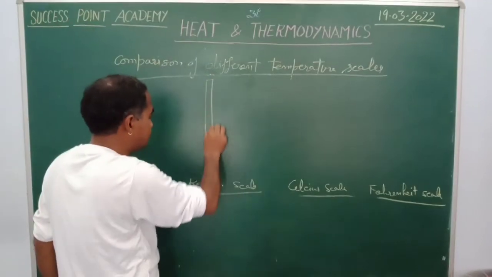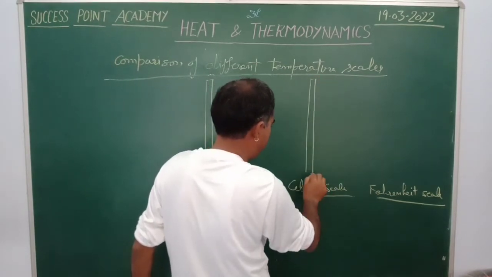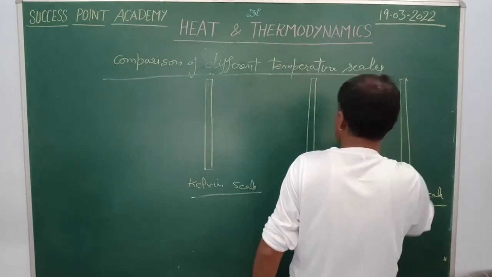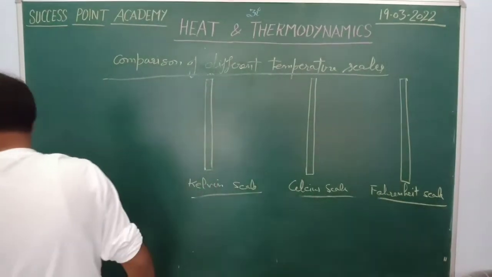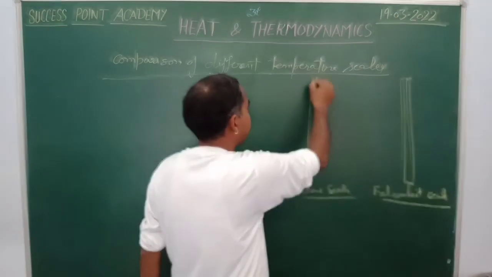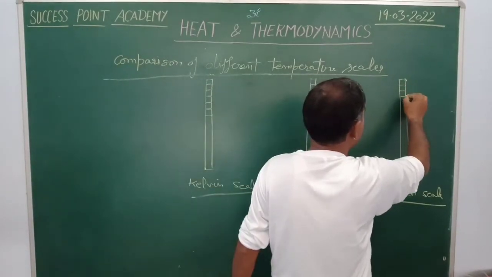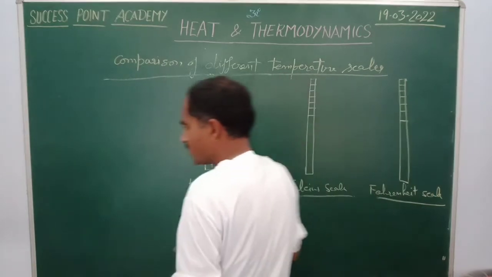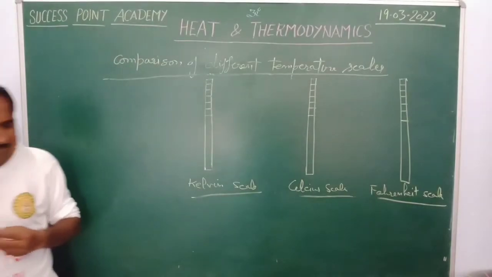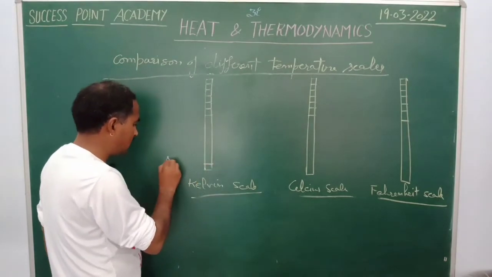So you have to draw in this way. Here we draw different things. Suppose this is the absolute zero on the Kelvin scale.